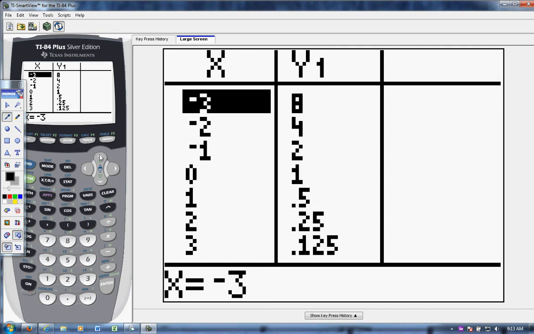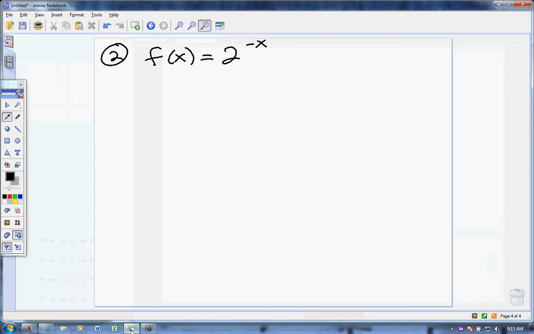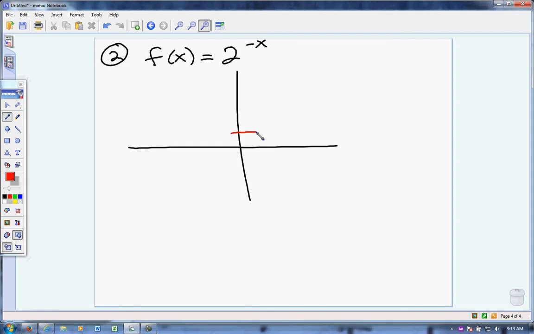If I look at my graph, you're going to see that it is reflected, okay? And it goes the opposite direction. So the graph of this one is a reflection. This is still 1, okay? That point is still 1.